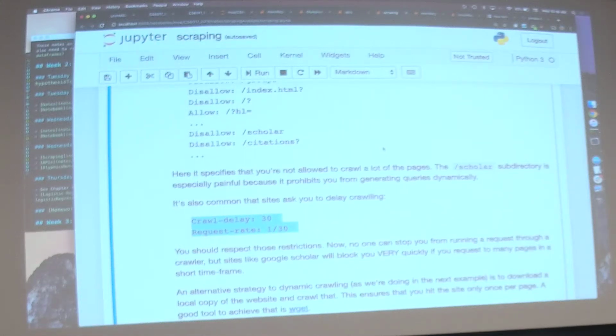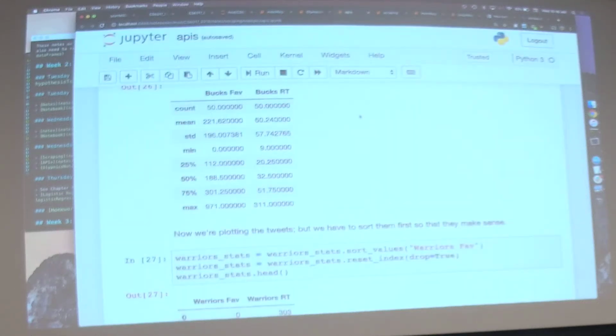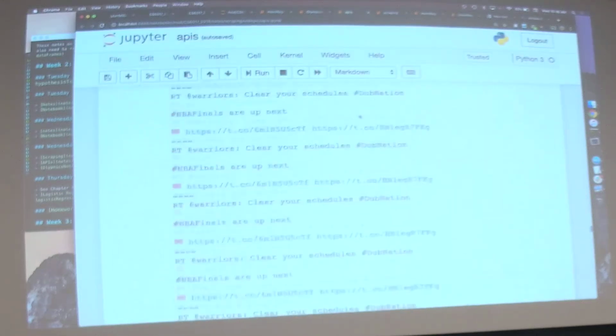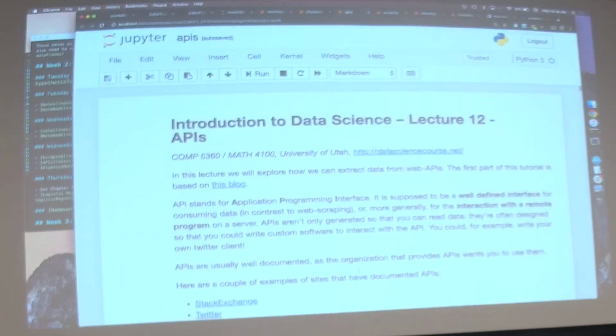Any other questions? So scraping, I mean, you've done it, so not too much else to say about it. Scraping is not necessarily an ideal way to get data because it's designed to be read by a human. It's not really designed for programmatic analysis.